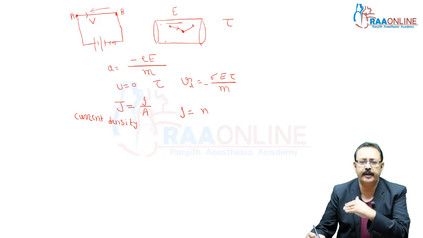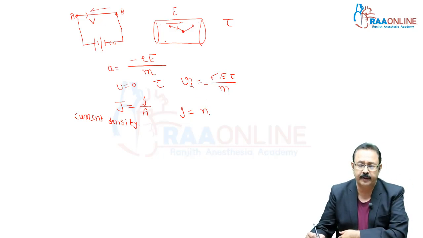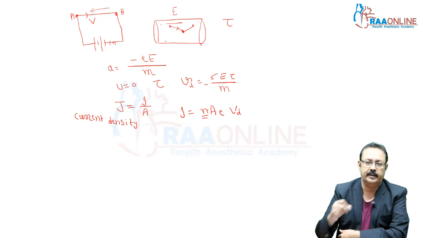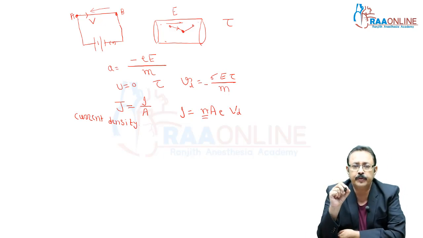If you know the speed, in 1 second how much charge will enter that specimen, so easily you can get nAeVd. What is n? n is electron density, meaning the number of electrons per unit volume.